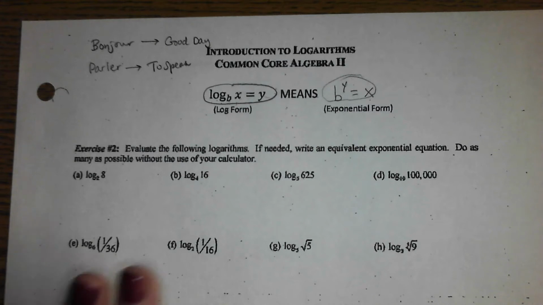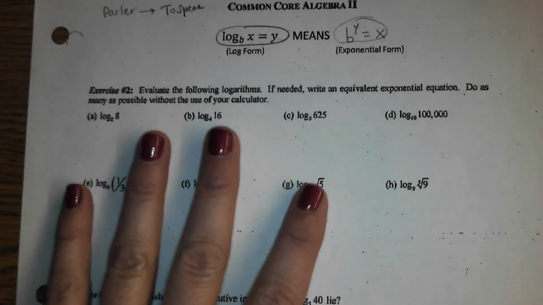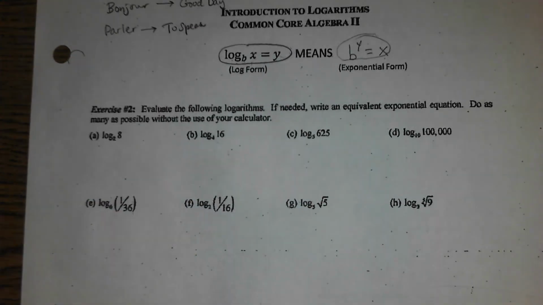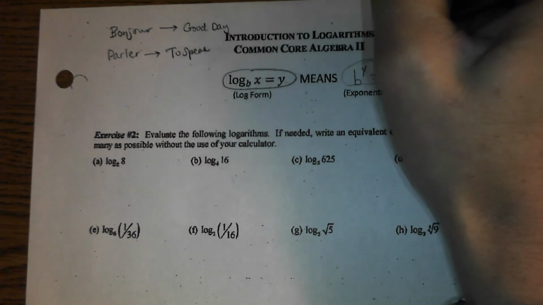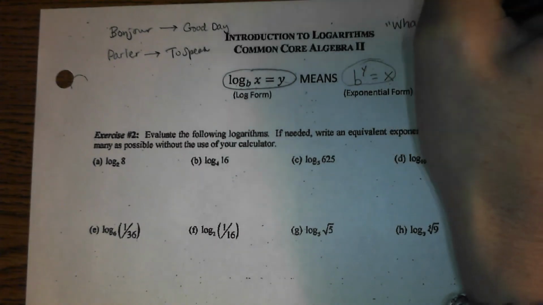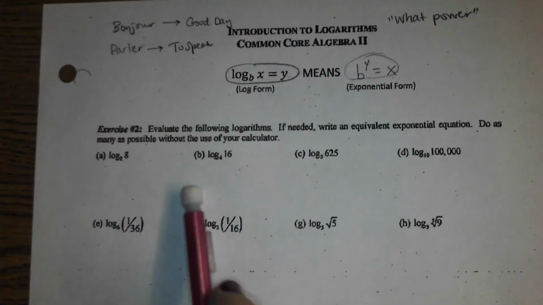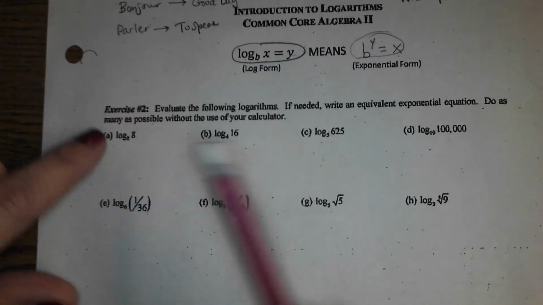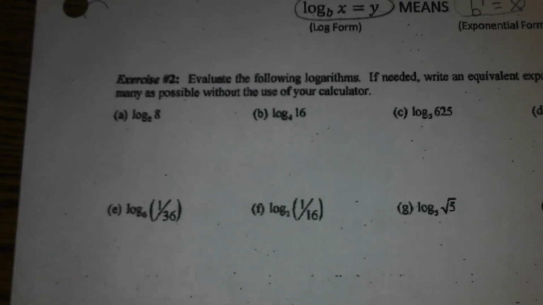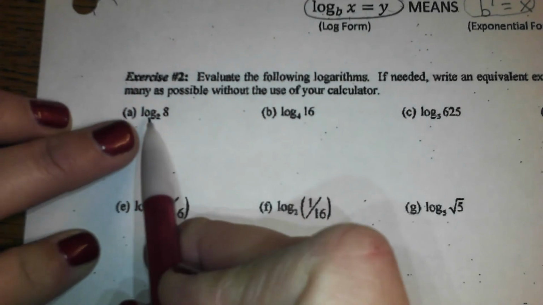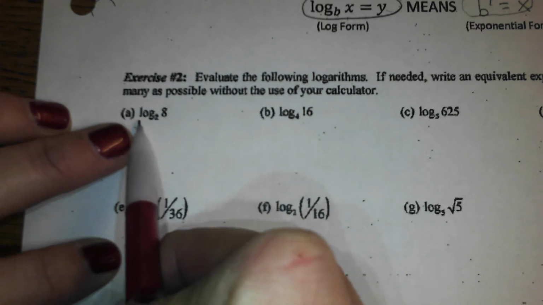Okay, so when we're evaluating this, some people call this the what power function. And the reason is because, for something like this, in exercise 2, where we are evaluating, how do you read this?